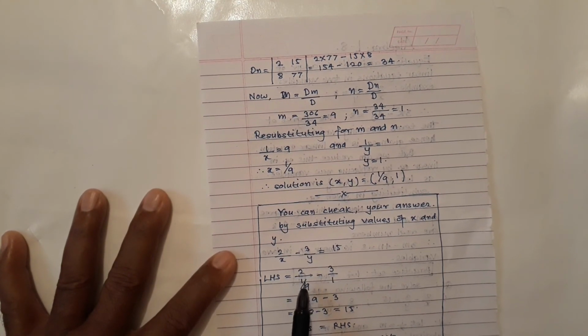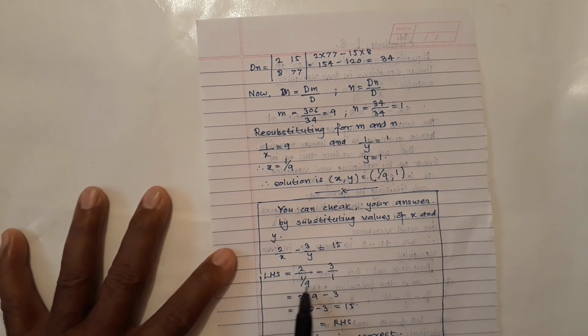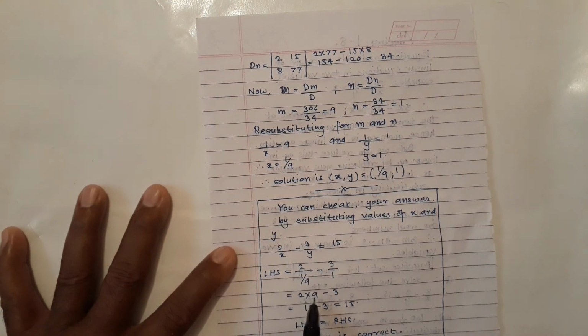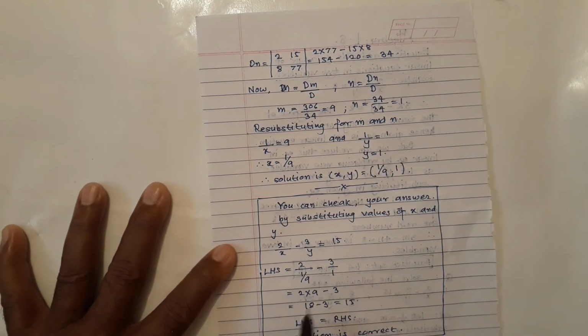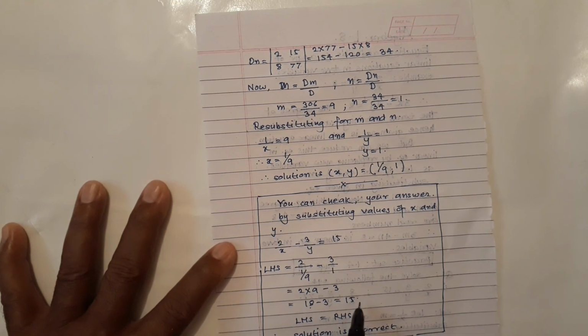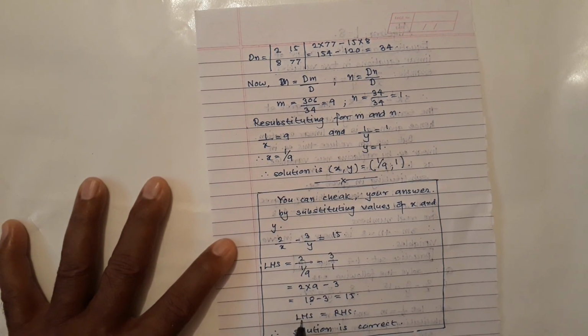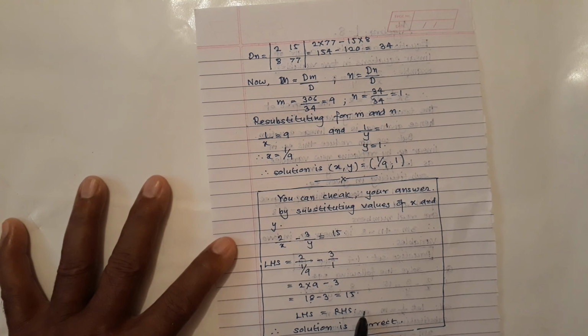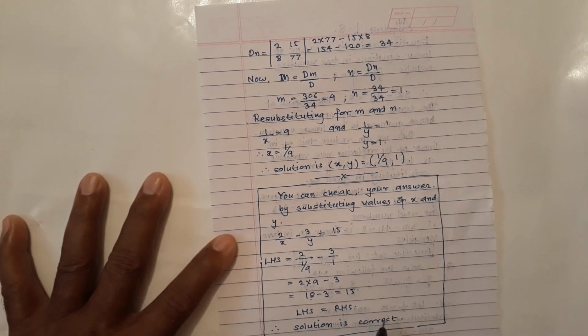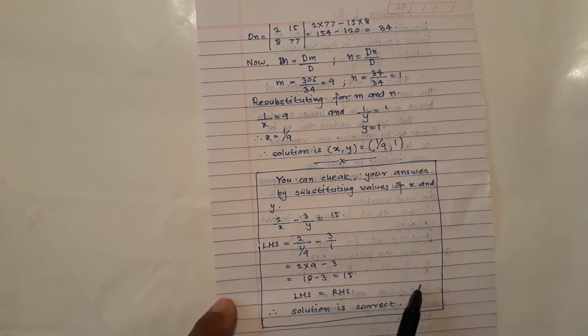So 2 upon 1 upon 9 is equal to, this is reversed, 2 into 9 minus 3. So 18 minus 3 is equal to 15, and your left hand side is equal to the right hand side, hence your solution is correct. Okay, in this way you can check your answer.